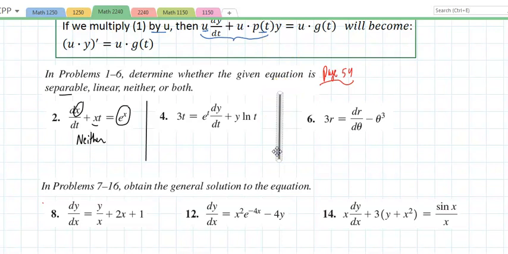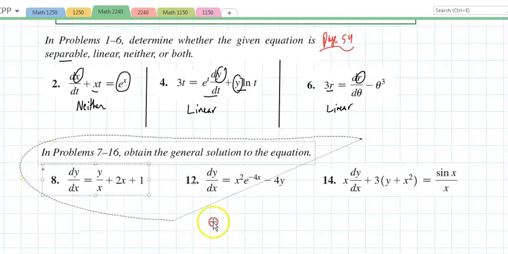Problem number 4, if I glance at this, is this separable? Well, no, I can't separate those and those. There's no way of separating those. Is it linear? There's a y, a t, y prime, a y. Yes, this is linear, which means I could solve it. And if I look at number 6, this is not separable, I can't separate it. But there's the r prime and r and no r, so this is linear.